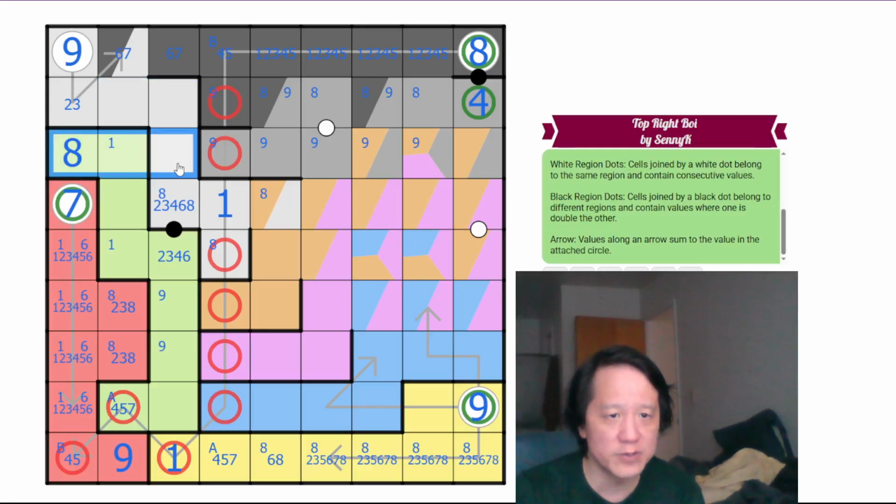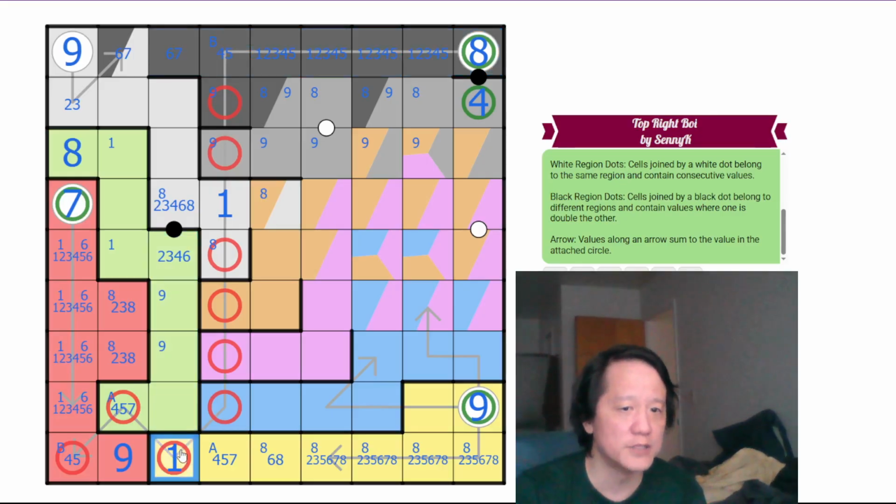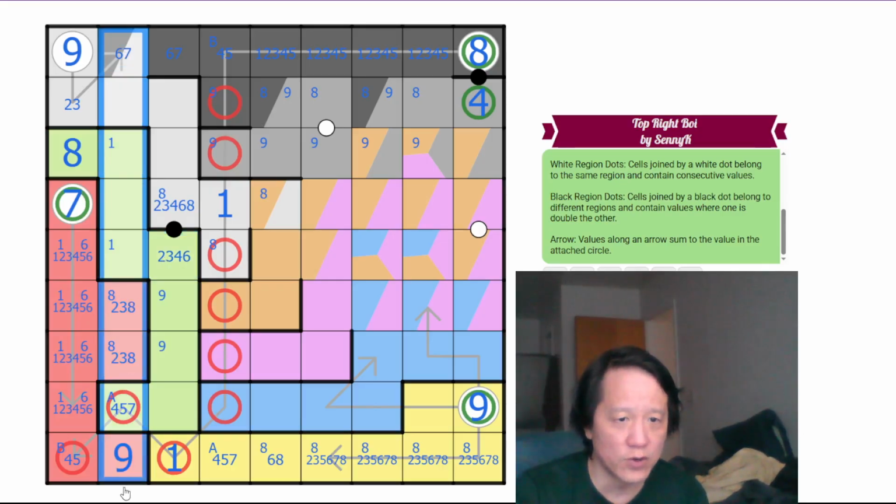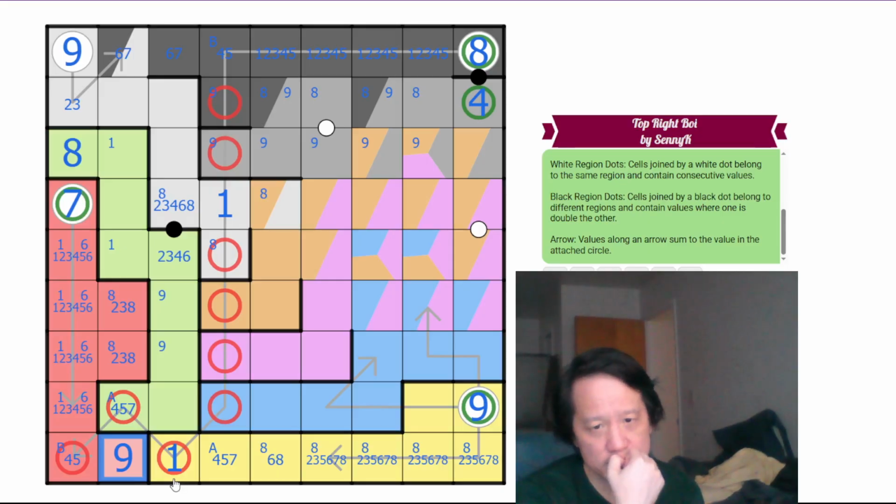Can't have 8 here because of 8 in the row. 8 can't be here because of 8 in the row. 8 can't be here because of 8 in the region, and this is a 1. So we're forced to have this is 8 and this is 4, but then there's no possibility for 4 in column 2 anymore. Dang it. That's horrible.